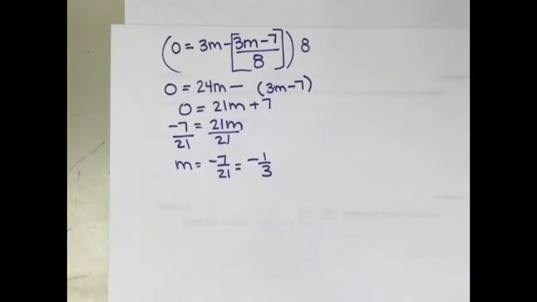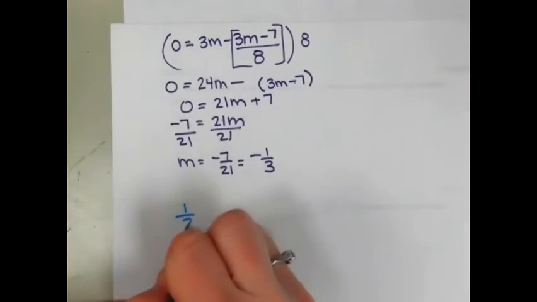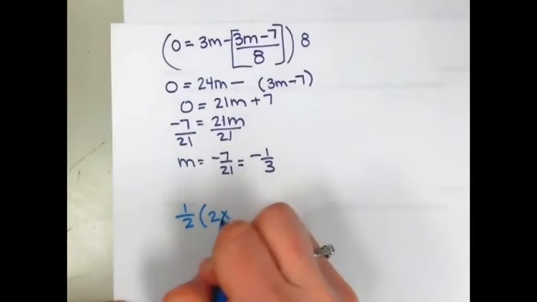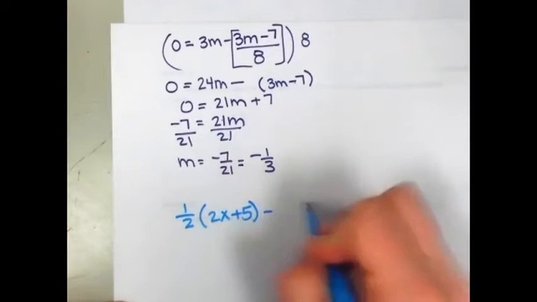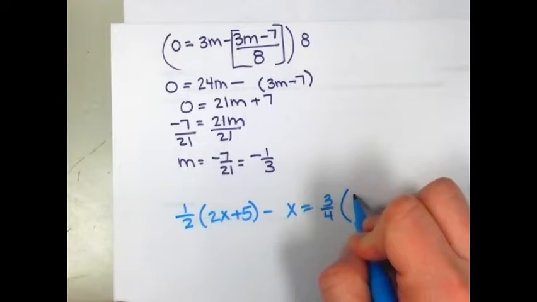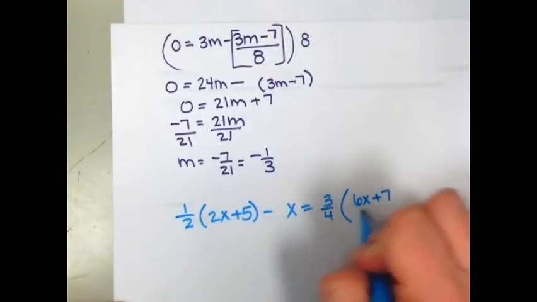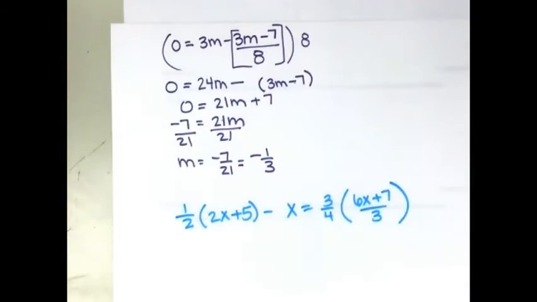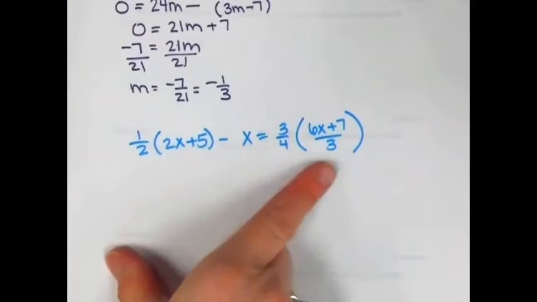27. So we have 1/2 times 2x plus 5 minus x equals 3/4 times the quantity of 6x plus 7 over 3. All right. Now, if you notice, this actually represents multiplication, right?